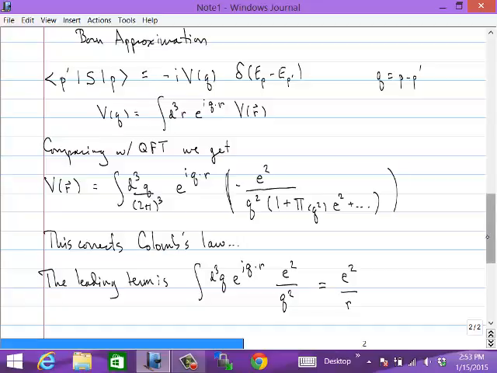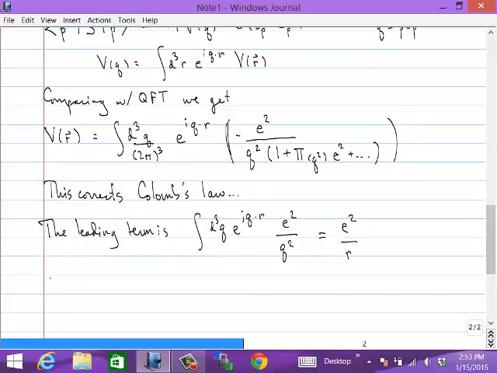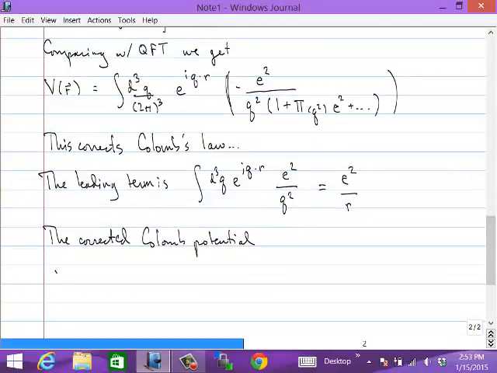And now we see that we have a correction to the Coulomb potential, which is given in momentum space. Let's call it V of p, equal to e squared over p squared times 1 plus e squared pi of p squared, plus higher order terms.